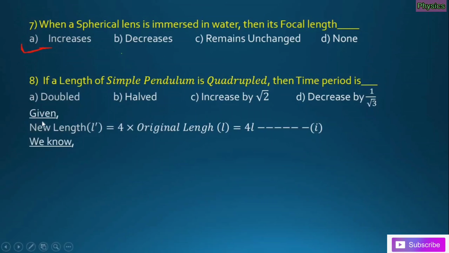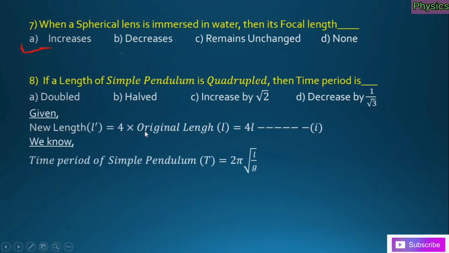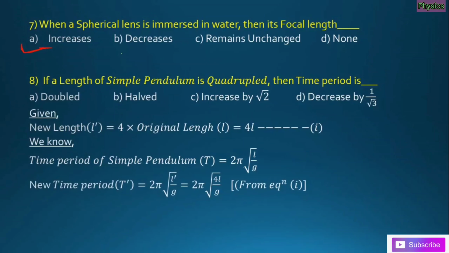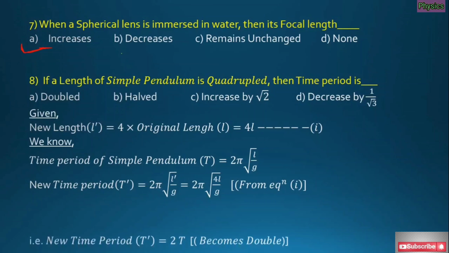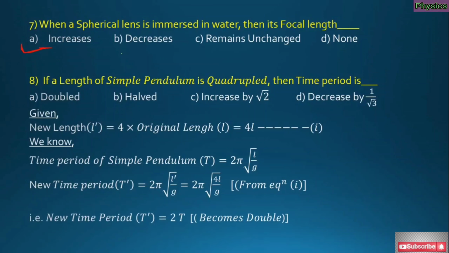Then the time period of a simple pendulum is given by 2 pi root under L by g. The new time period becomes T', that is 2 pi root under L' upon g. L' means 4L, that is 2 pi root under 4L by g. By solving you'll get T' equals 2T. Option A is the answer.